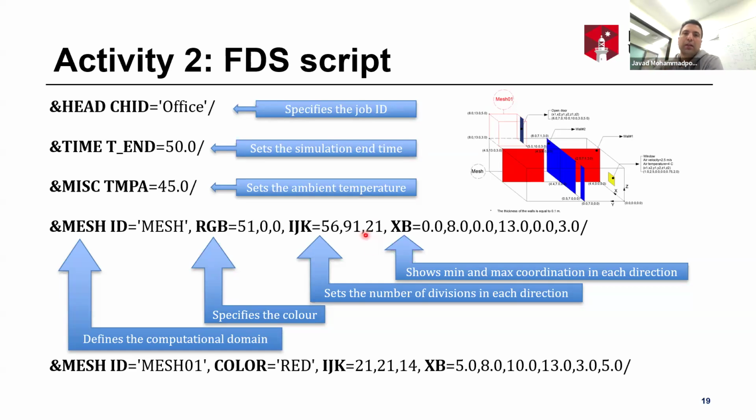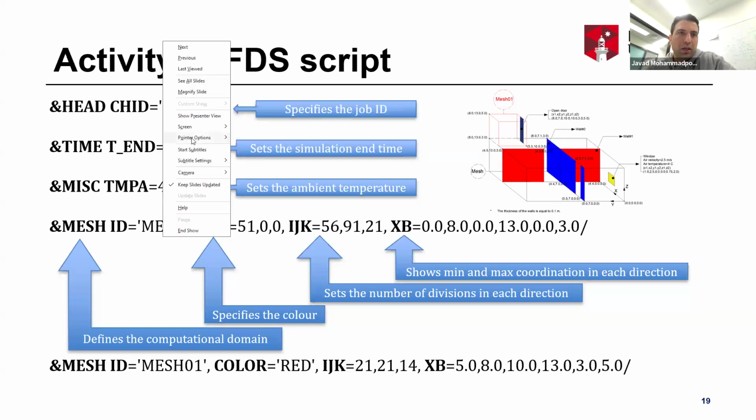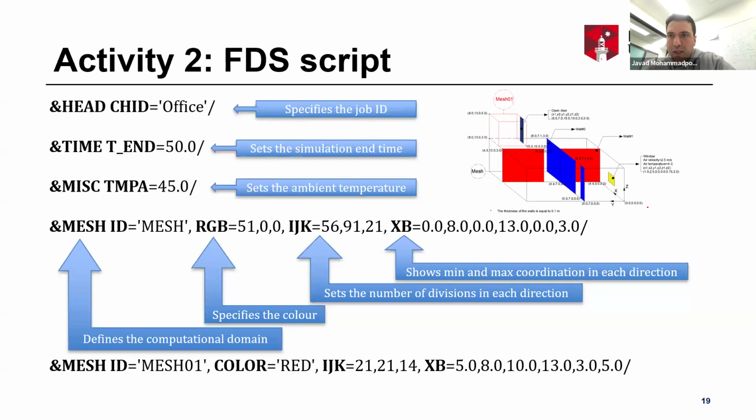But the question is how we can define the coordinates of the main geometry. Here you can define that. If you have a look, what is the X minimum? It's zero. This point shows the minimum coordinate, and let me do some annotation here. This one is the minimum, and this one gives you the maximum.